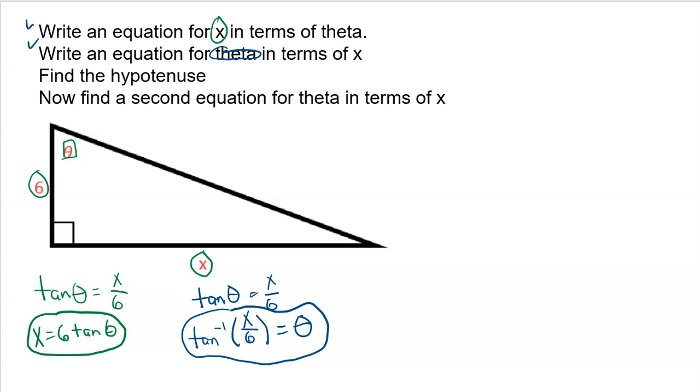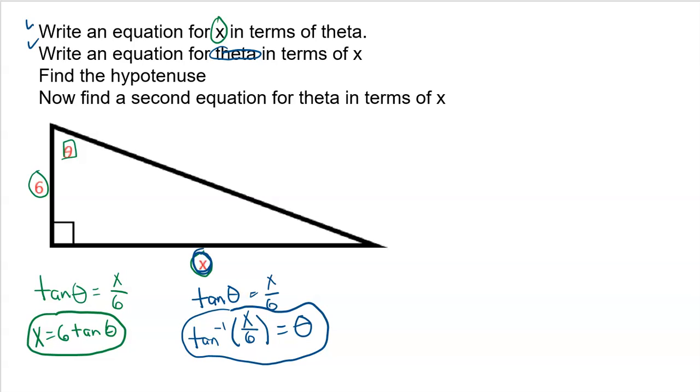Okay, well, first, I don't know this side. So what that means is that I'm not going to be able to find a specific numerical value for the hypotenuse. Since one of my sides is unknown, the hypotenuse is going to end up being unknown as well. But it doesn't mean I can't solve for what it would be in terms of x.